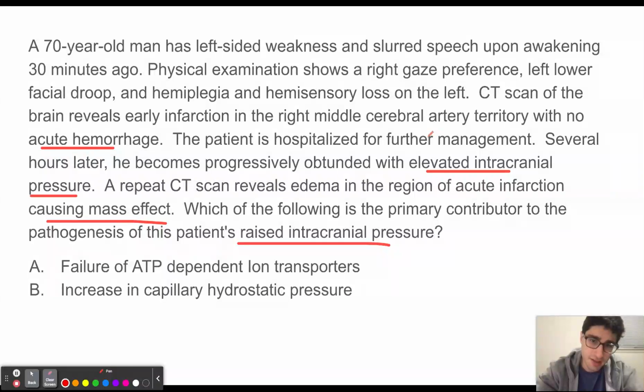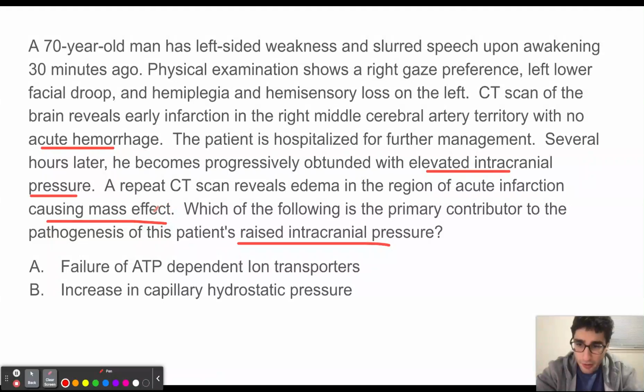Now, the patient is suffering from neurological symptoms following a stroke. He has had an increase in intracranial pressure several hours after suffering the stroke. Now, if you remember, as we said earlier, one of the key differences between cytotoxic edema and vasogenic edema is the timeline in which those two occur.